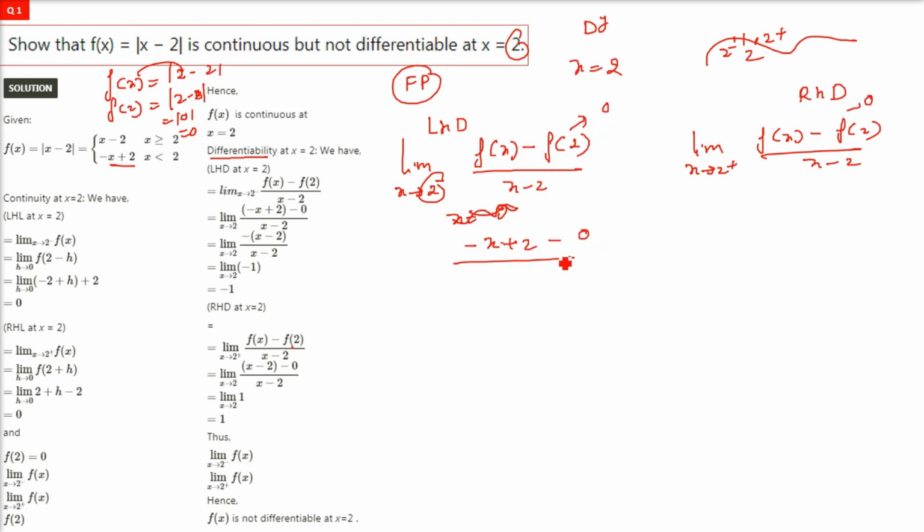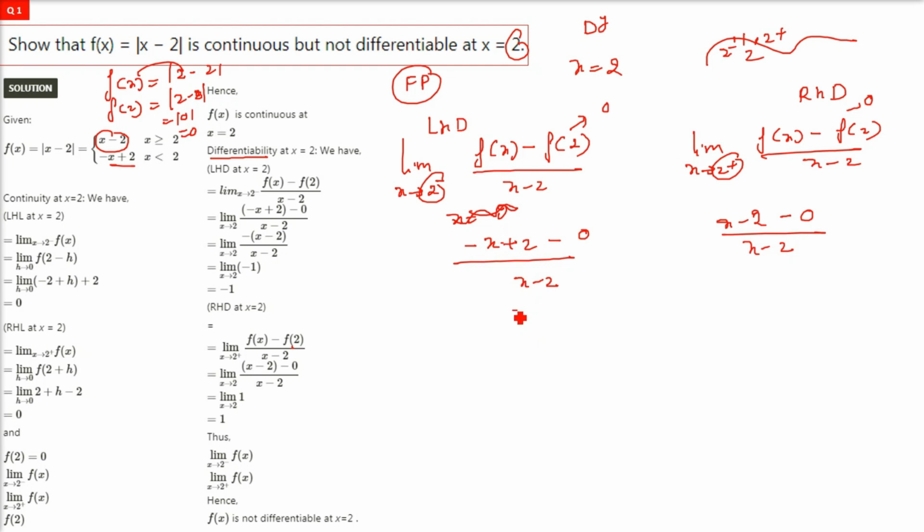So minus x plus 2 minus 0 divided by x minus 2 here. Here we have again same thing, f(x) in place of f(x), because you are going just a bit ahead of 2, plus something. So you have to use x minus 2 here. So x minus 2 and minus, of course f(2) was 0 as I just told you. Then x minus 2 in the division.